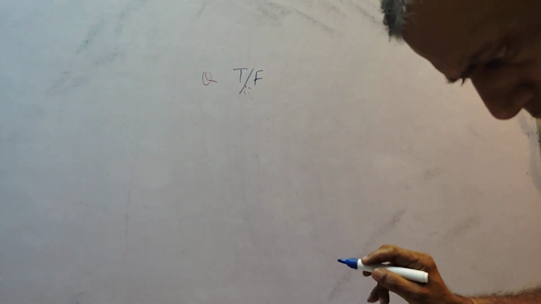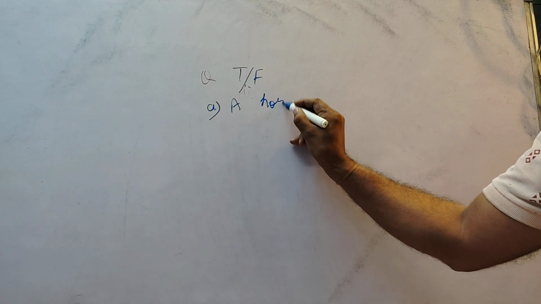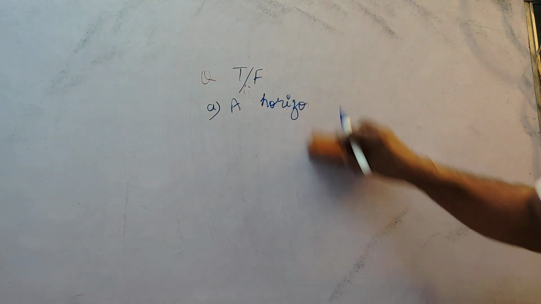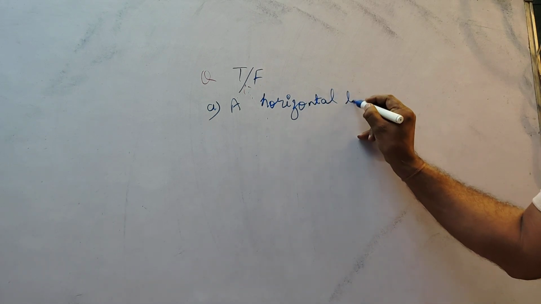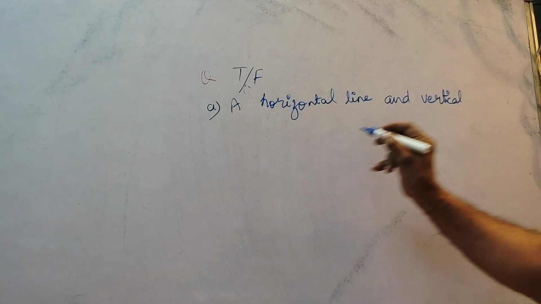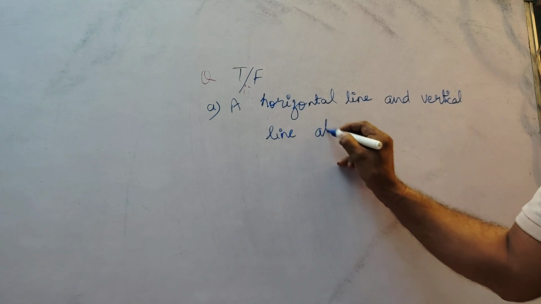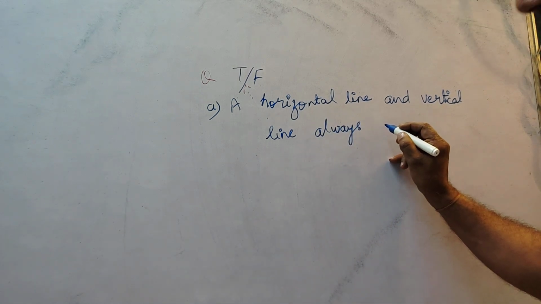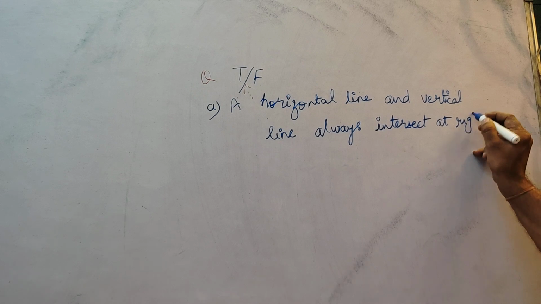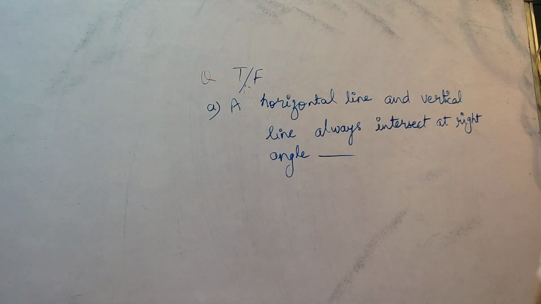A horizontal line and a vertical line always intersect at right angles. Is it true or false?